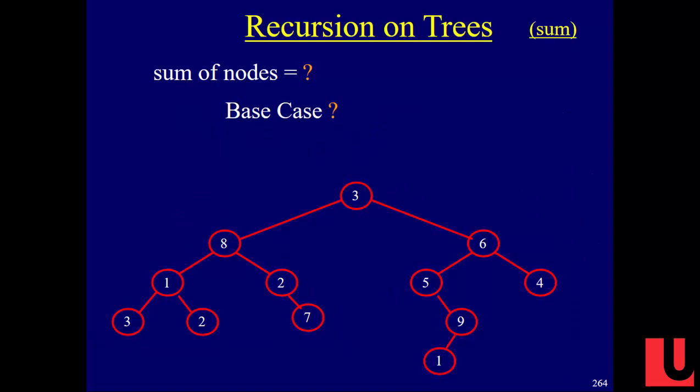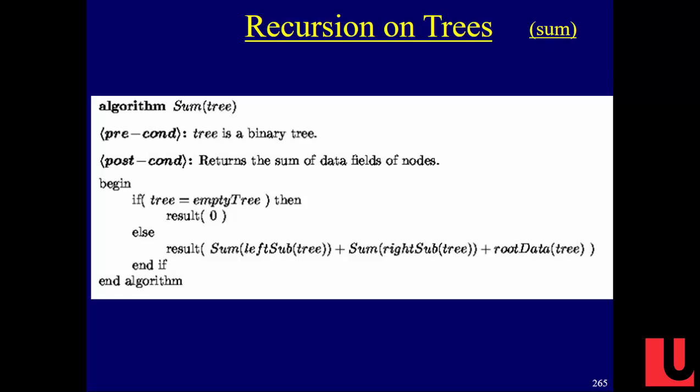So here, what's the base case? Well, it can still be the empty node with the answer of 0. This is the kind of thing I write on a test. If you want to say something slightly more Java-like, you could say tree.write if you want.